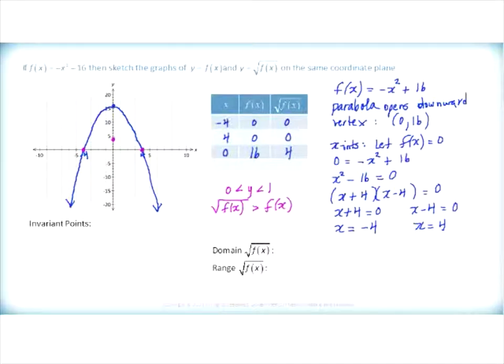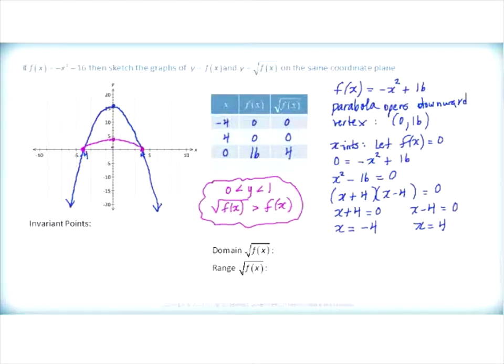Keeping that in mind enables us to sketch the graph of the square root function as follows. So between 0 and 1, the graph of the square root function is greater than the graph of the original function.